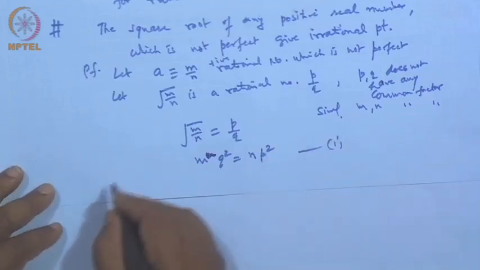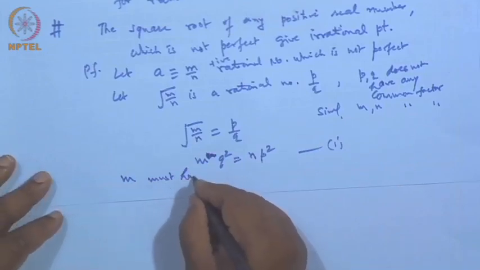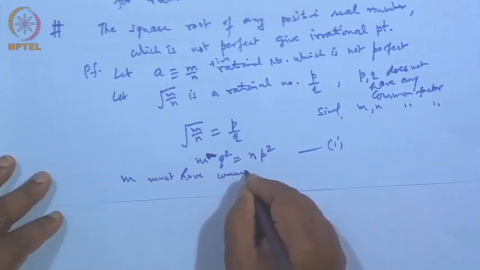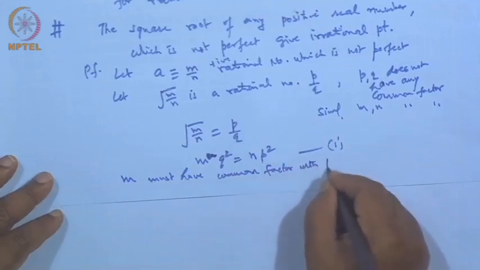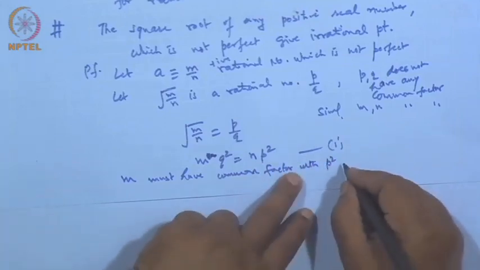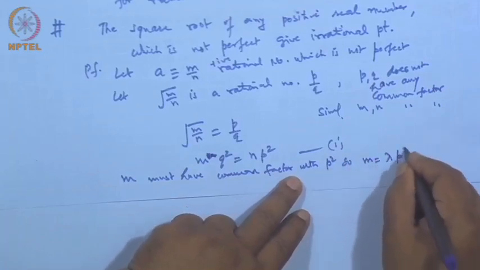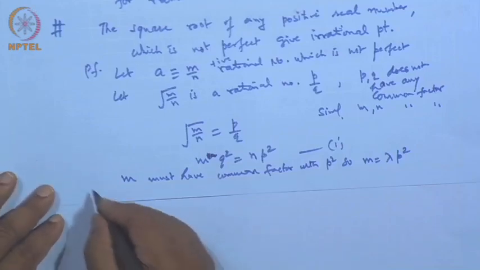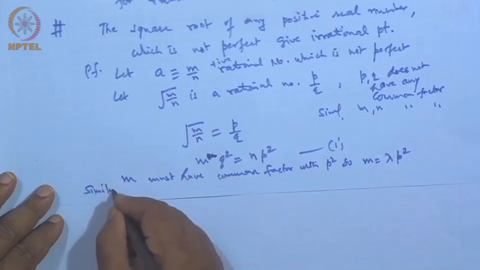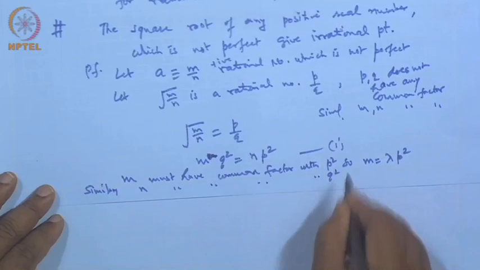So, from here m must have a common factor with p square. So, m can be written as lambda times p square, is it not? Similarly, n must have a common factor with q square.